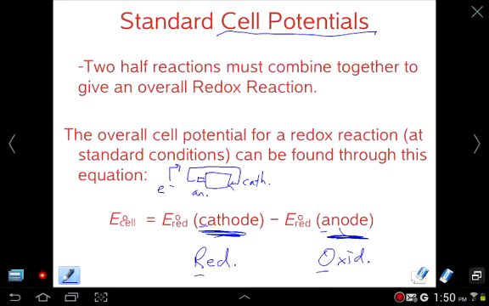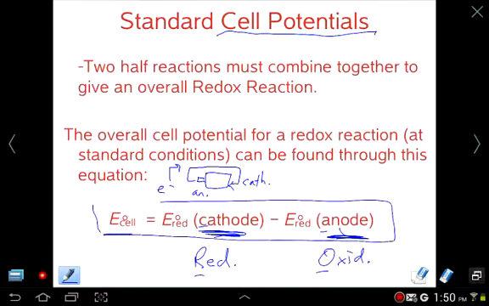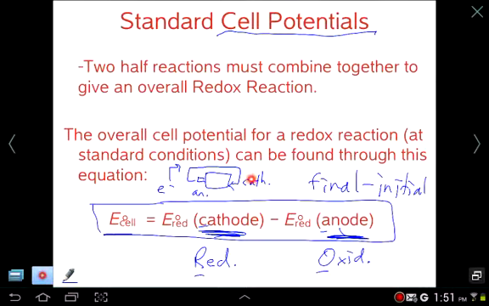Well, in this cell potential equation, think of this as a form of final minus initial. Final minus initial. In other words, we're going to do the cathode, where the electrons end up, minus the anode.